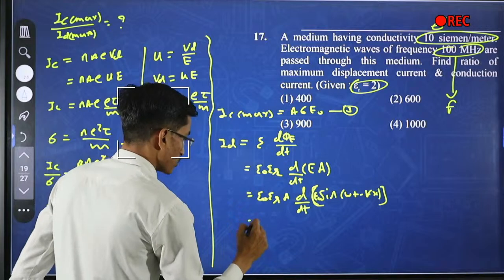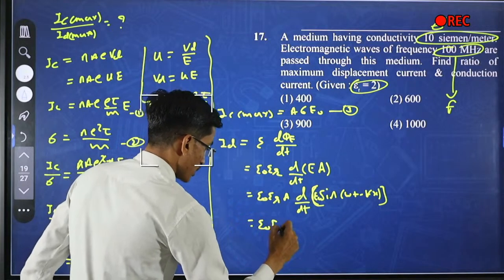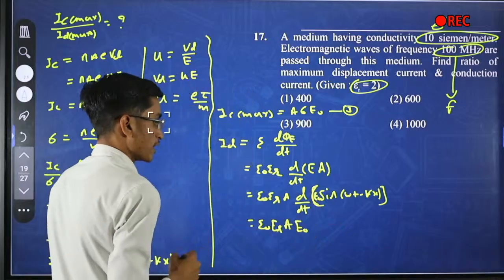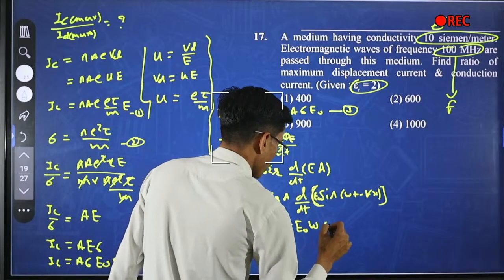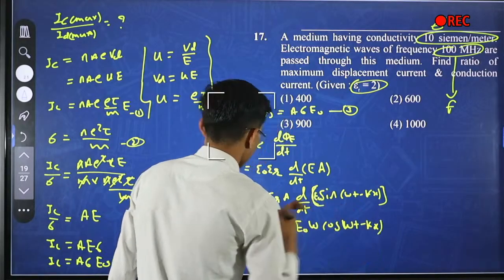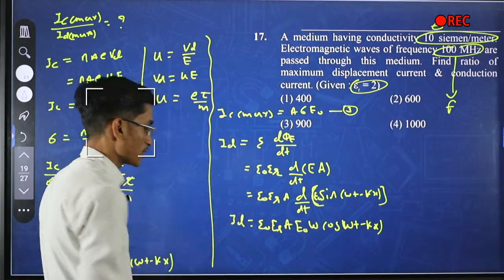So E naught is constant, so epsilon naught epsilon r area into E naught. Differentiation of sin will become omega into cos(omega t minus kx). Okay, this is the displacement current.